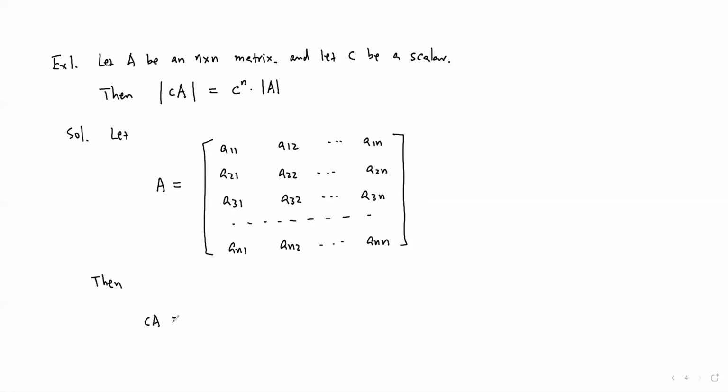C times A. What is a number times a matrix? The number times all the entries. So C times A is C times A11, C times A12, C A1N, C A21, C A22, C A2N, times all the entries.